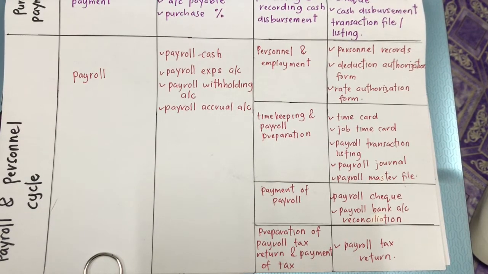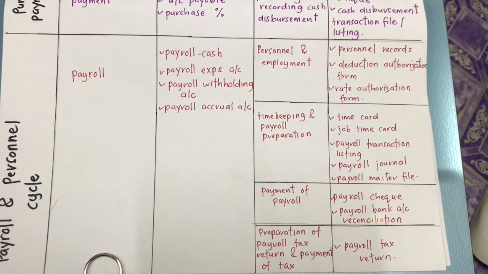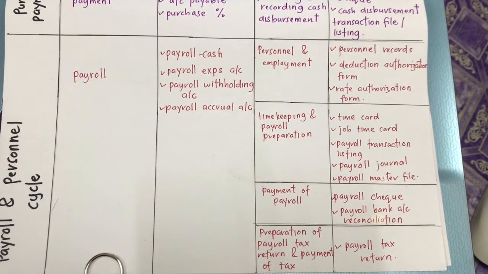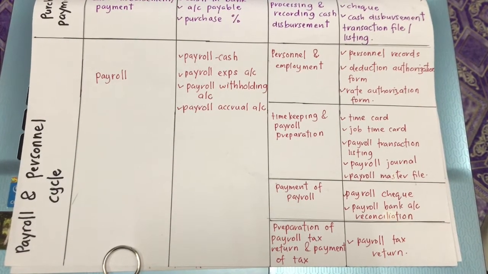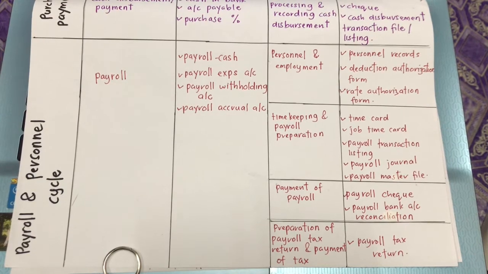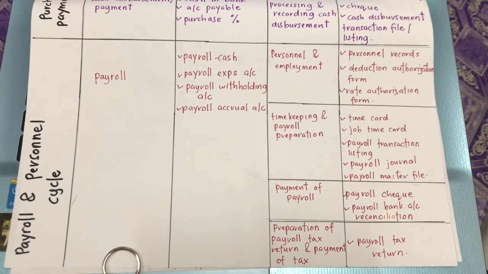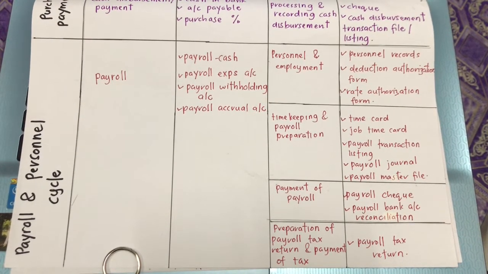Timekeeping and payroll preparation can be recorded in time card, job time card, payroll transaction listing, payroll journal and listing, and payroll master file. Payment of payroll can be recorded in payroll check and payroll bank account reconciliation.